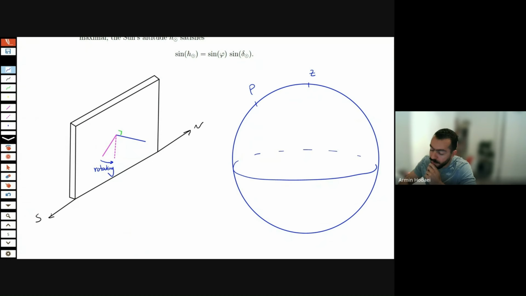And then directions as well. Here is north, here is south, east, and west. I do know that the gnomon, or the stick, is looking exactly towards east, right? So this is the direction that the gnomon is looking.